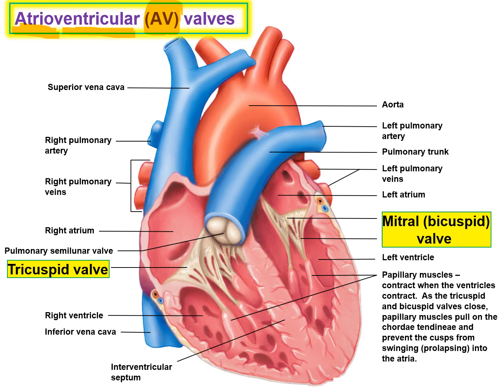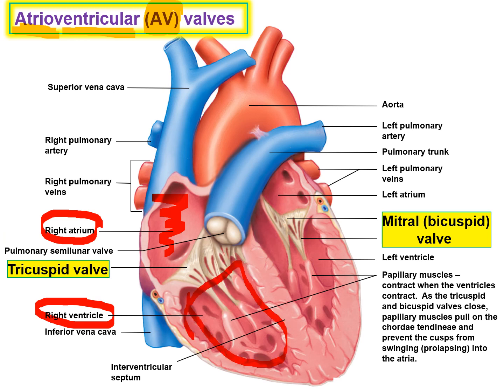On the right-hand side of the heart, so this heart is facing you, so what appears to be your right is the heart's left, and vice versa. So here we have on the right-hand side the right atrium, so that's this. Here's the right ventricle, everything down here basically. And between the two is what's called the tricuspid valve.